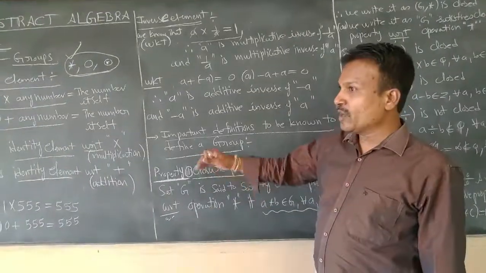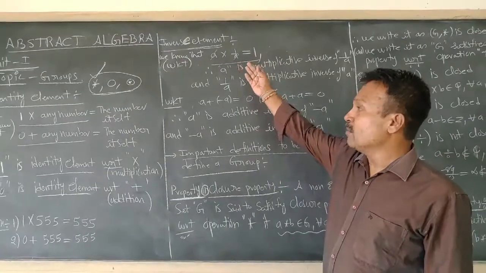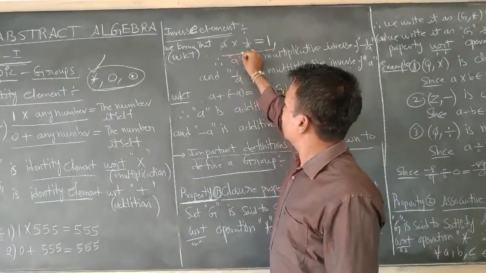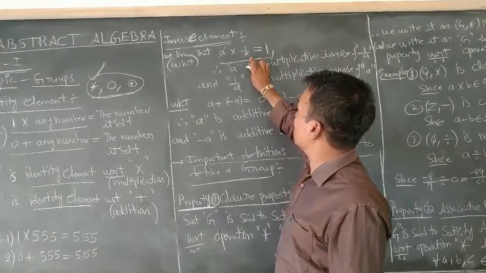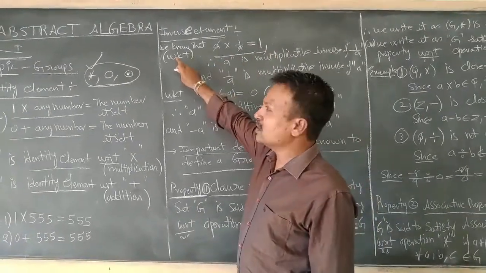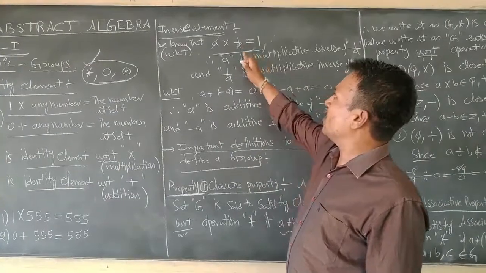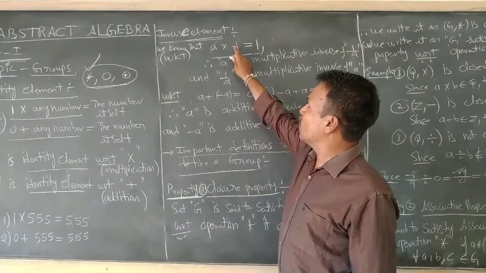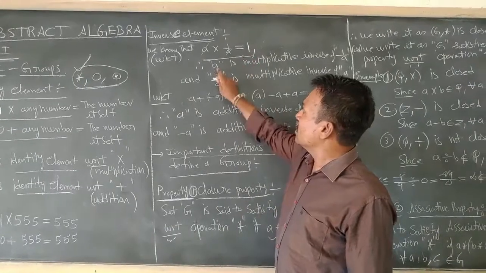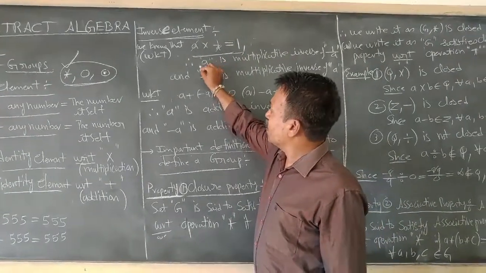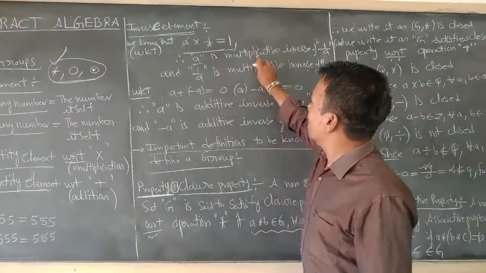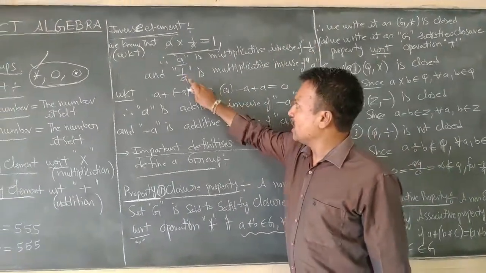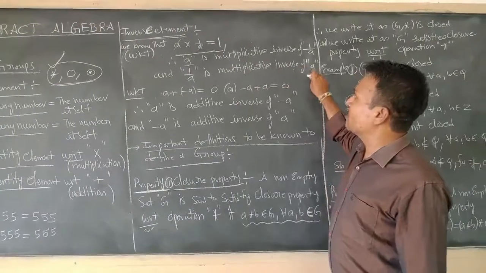Right. If I go to the next important element, it is the inverse element. Here I have written it as a times 1/a is 1. We already know that a times 1/a is equal to 1, since we can cancel a and a, the resultant value is 1. Therefore, a is the multiplicative inverse of 1/a, and 1/a is the multiplicative inverse of a. Why?